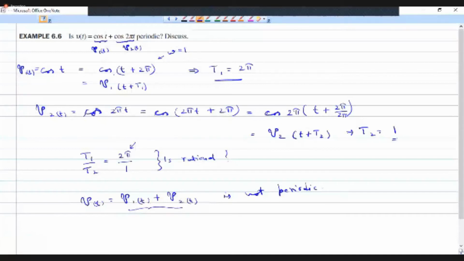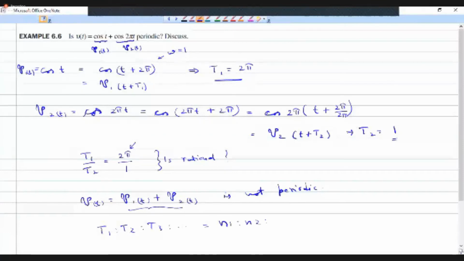You can have a sum of any number of functions here. So for example, if there is another plus sine t, etc., you have to just see whether you can express the ratio of T1, T2, T3, etc., as some ratio of integers n1, n2, etc.